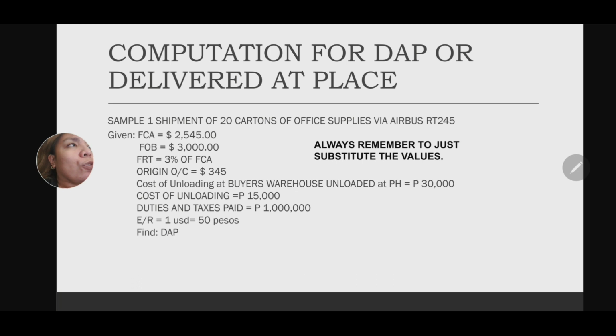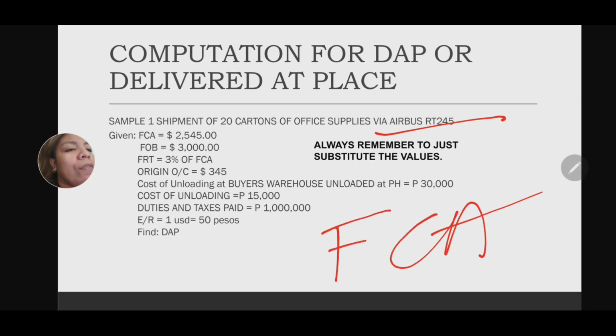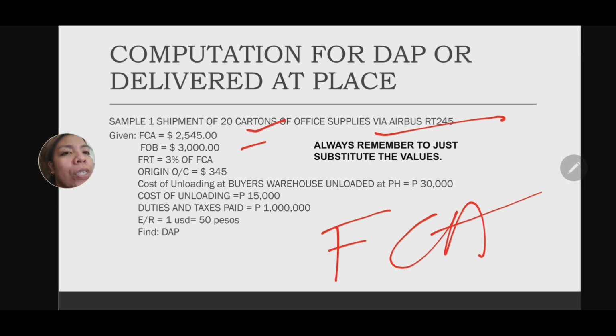So we first need to know if it is an air shipment or a sea shipment. In this case, it was delivered through an Airbus, meaning it is an airplane, and that means we need to use the FCA value. In the problem, there are two values, the FCA and the FOB, so we're just going to use the FCA value because it is an air shipment.